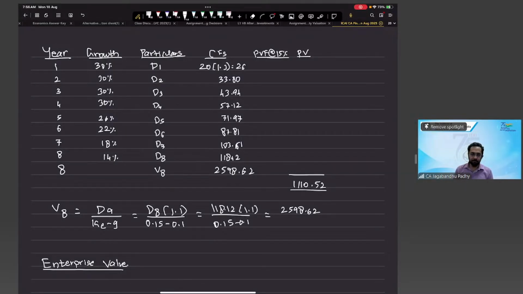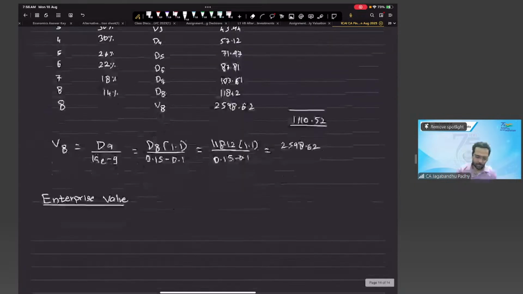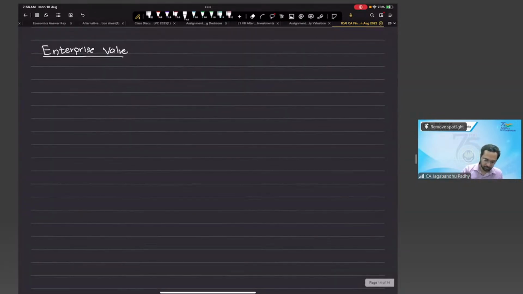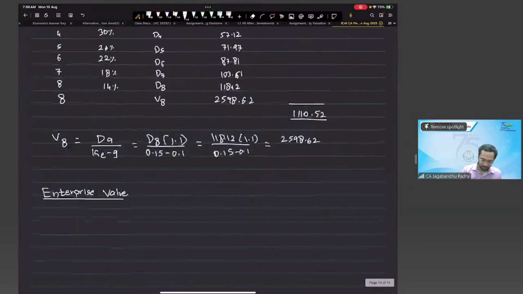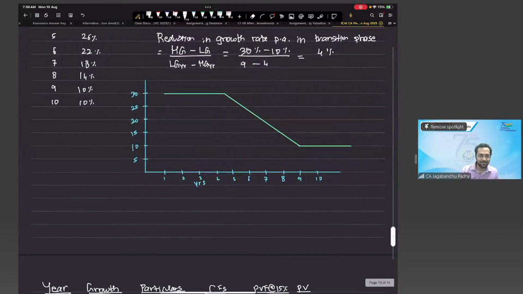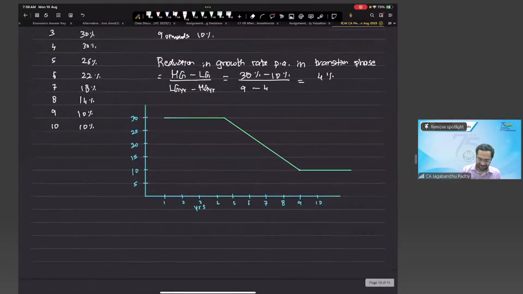Because until you have a stable growth rate, I cannot apply the Gordon model, right? So to reach that Gordon level, whatever cash flow you have in between, you just need to take the PV of it. Okay, sir. You explained the concept of that diagram very well. Thank you so much.